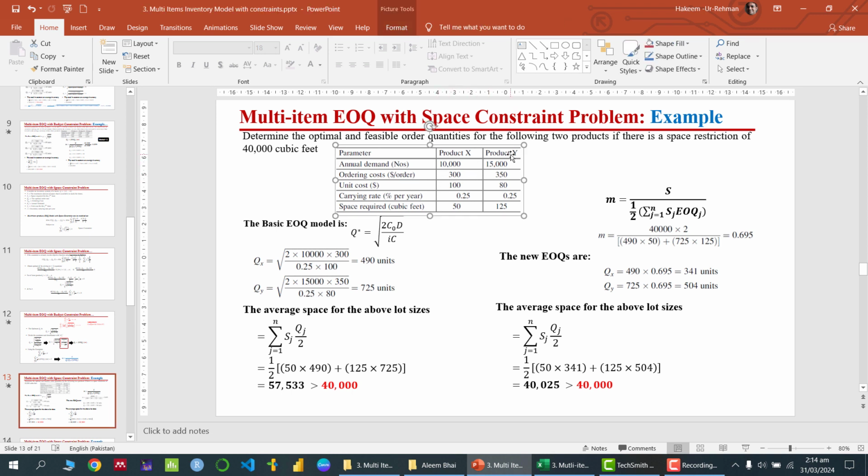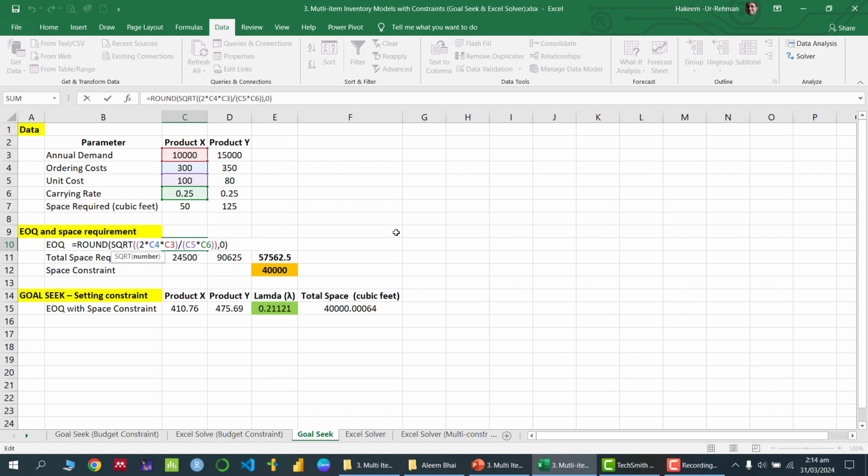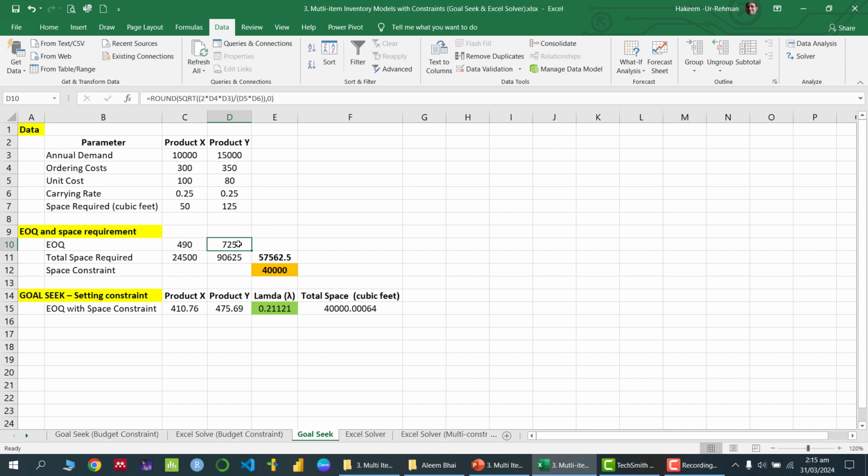In order to solve this particular problem, we have product X and product Y, and we have written down this entire data set over here. Again, first of all, we have relaxed the space constraint and applied the simple EOQ formula, like we did in the budget constraint problem.